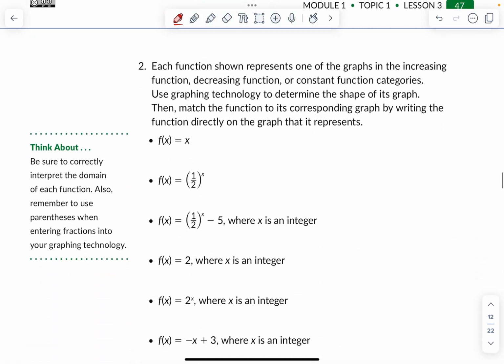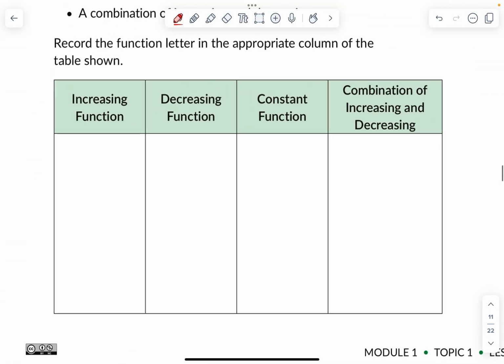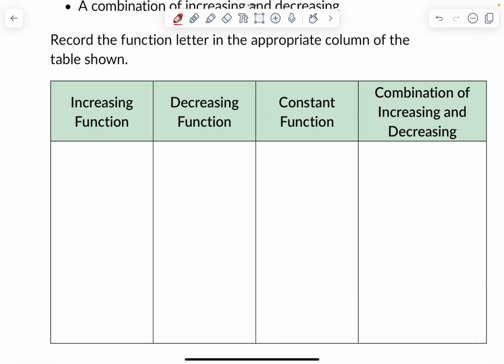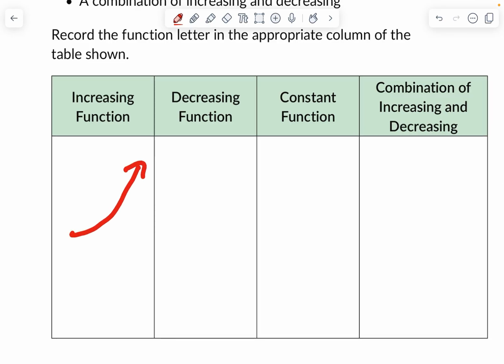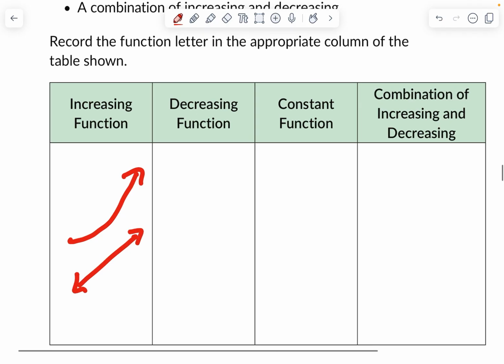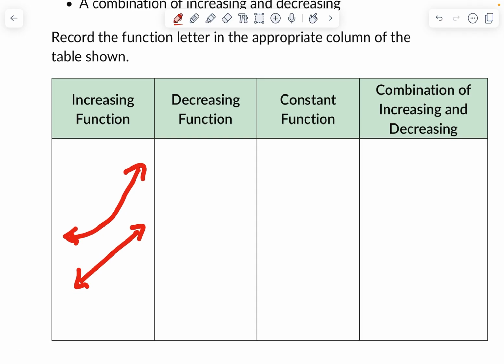We've already talked about these properties, so I'm just going to sketch a graph. Increasing looks like this. Could be exponential, could be linear. Decreasing looks like this. Could be exponential, could be linear.